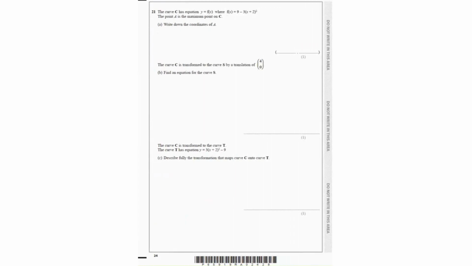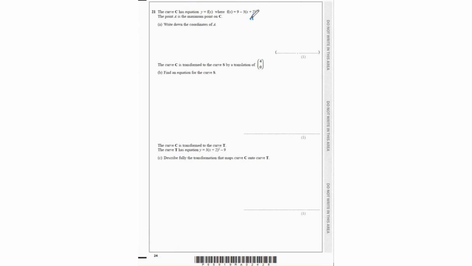In this one it says the curve C has equation y equals f of x, where f of x equals 9 minus 3 times (x plus 2) whole squared. The point A is the maximum point on C, write down the coordinates of A. So the equation given in the question is in completing square form. And in completing square form, we can easily use this to identify what the maximum or the minimum point is, basically the turning point.